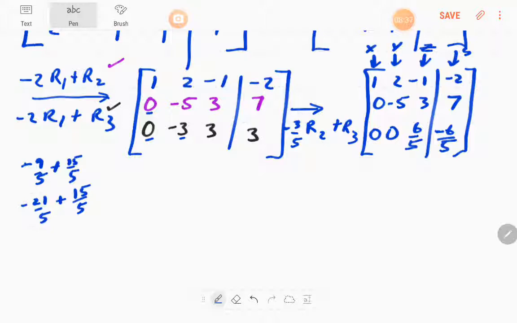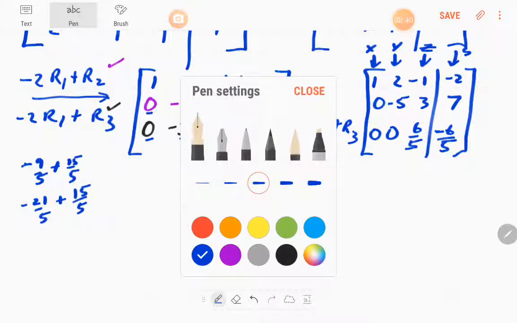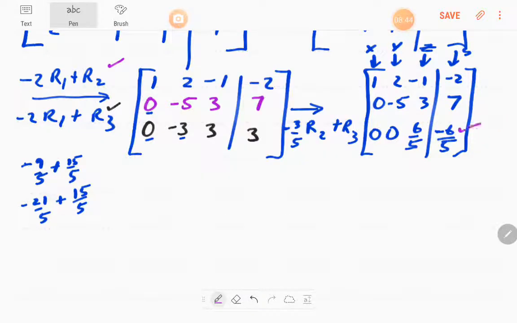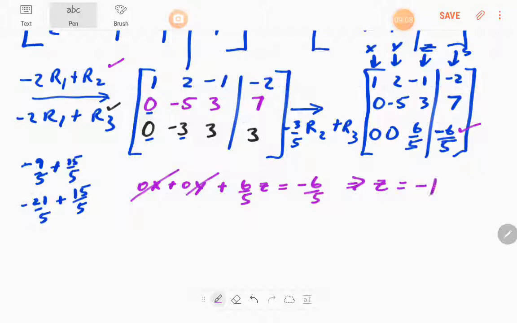Okay, so starting with that third row, we would have 0x plus 0y plus 6/5 z is equal to minus 6 over 5. So right away, these don't matter. So this implies that z is equal to -1.